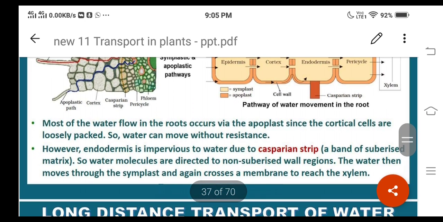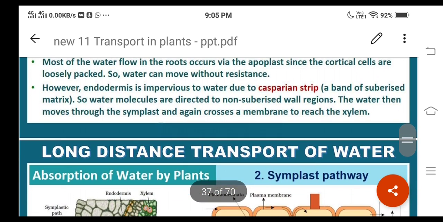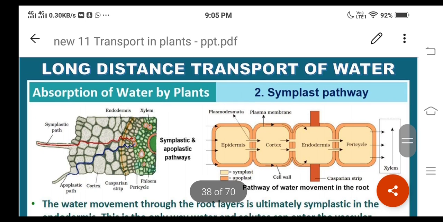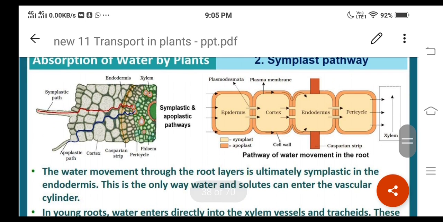One more thing is that the water then moves through the symplast, and again crosses a membrane to reach the xylem. This is about the symplastic pathway. Finally, the water movement through the root layers is ultimately symplastic in the endodermis.